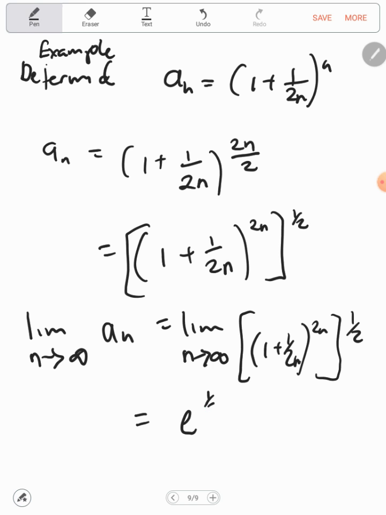So the answer will be e to the power half. So the limit is a finite number, therefore the sequence converges. It's the same as the square root of e. Okay, so that is how we determine the convergence of unknown sequences using the common limits of sequences.